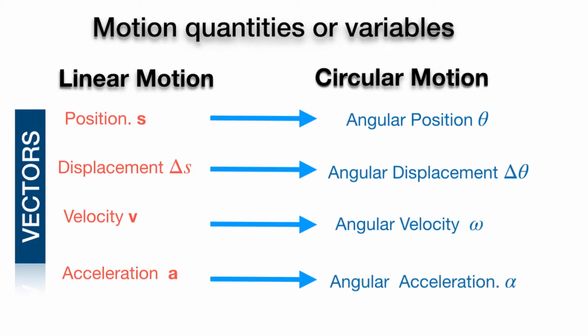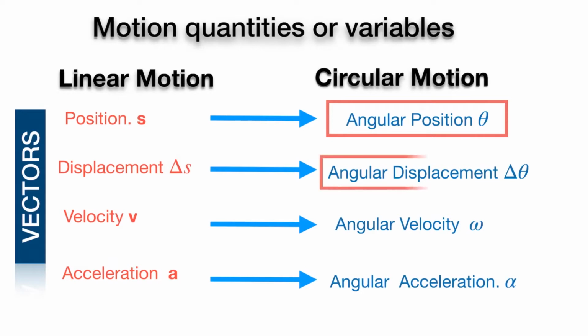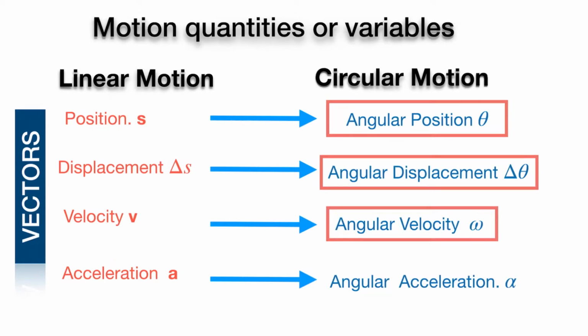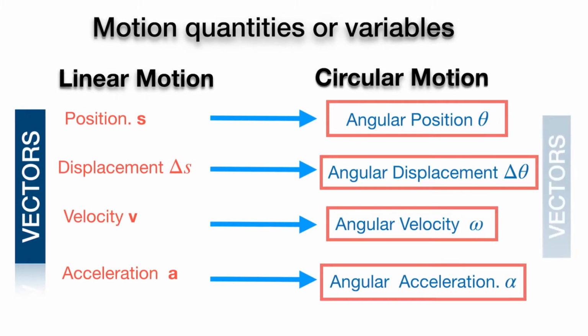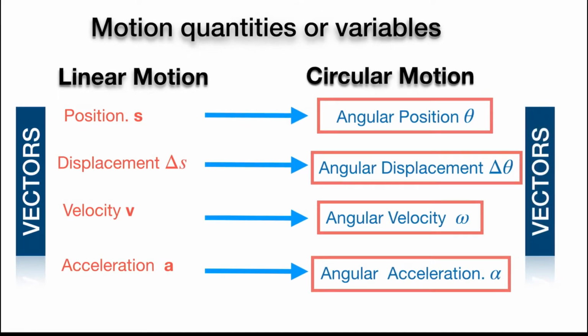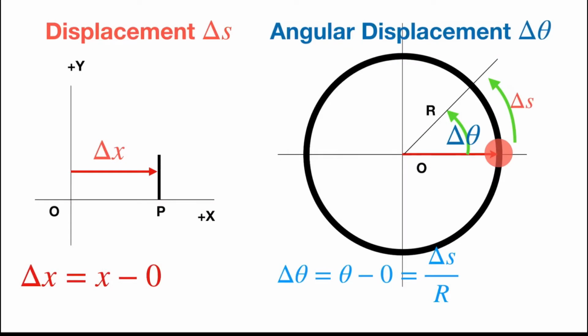These corresponding quantities are known as angular position theta, angular displacement del theta, related to velocity, angular velocity omega, and in place of acceleration, angular acceleration alpha. All of these angular quantities are also vector quantities. The directions are given by using the right-hand thumb rule. Now let's understand these quantities and their interrelationship with linear motion.